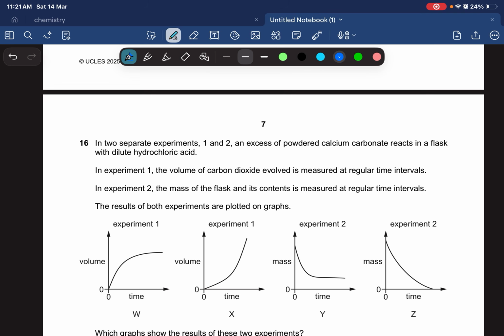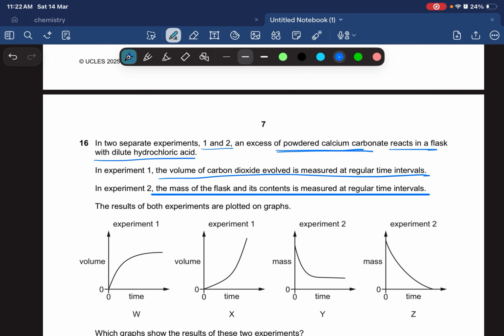In two separate experiments, 1 and 2, an excess of powdered calcium carbonate reacts in a flask with dilute hydrochloric acid. In experiment 1, the volume of carbon dioxide evolved is measured at regular time intervals. In experiment 2, the mass of the flask and its contents is measured at regular time intervals.